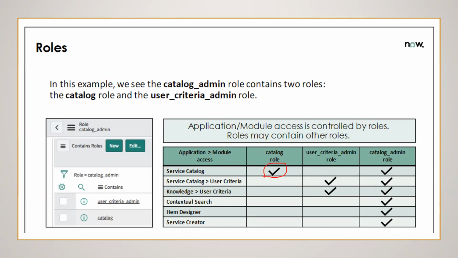Yes. So catalog admin has access to everything the catalog role and user criteria admin role can see, plus they have their own. So this is the concept. If you see it, it's just inherited and mapped here, and now they have these unique ones.